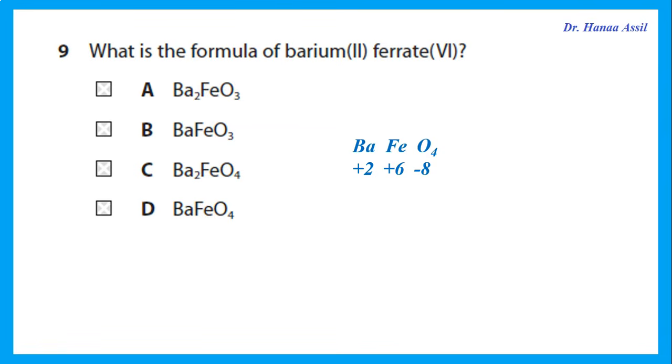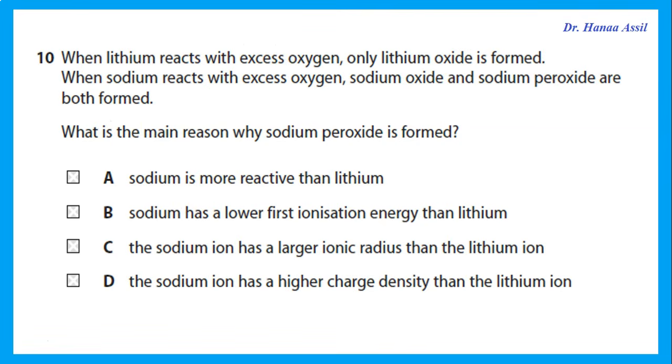That means I have a total of +8, so the oxygens must be a total of -8. So I need 4 oxygens and 1 barium and 1 iron. That would make the total equal to 0. The oxidation number of the total molecule is 0, so this must be the correct formula.